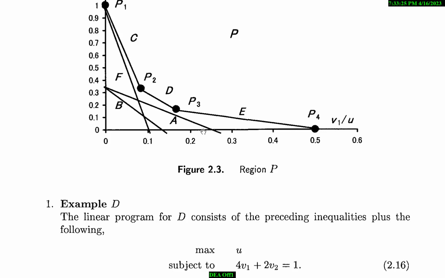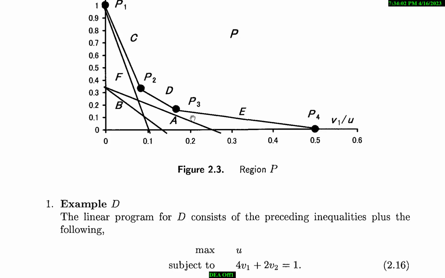And when we minimize the value of T, its optimal solution will be P3, this point. So, as you see, this is T star. The optimal value is bigger than 1 because it is on the side where the value of T becomes bigger.